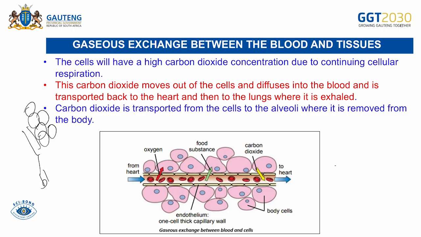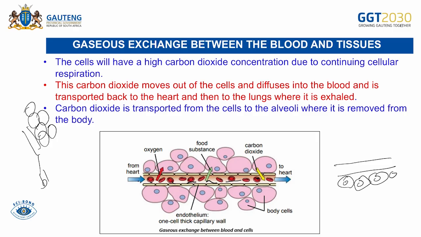And now we're going to have between blood and your different cells. Here are your cells in your body. Could be your stomach cells, your hand cells, your legs, your muscle cells. And here's the blood capillary. And here's your red blood cells. You remember you learned that in grade 10. So coming from the heart now.